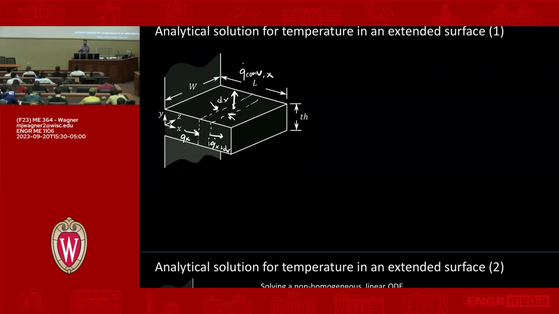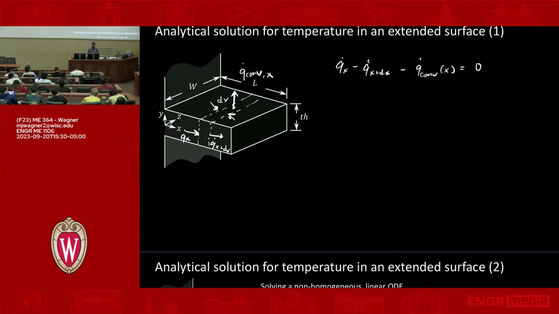So no longer do we have a constant that you can throw in there. There's a function for temperature for that, and we have to include it. Okay, so let's go through and write that out. It looks like this: q dot x minus q dot x plus dx minus q dot convection, which is a function of x, is equal to 0. That's our control volume energy balance.